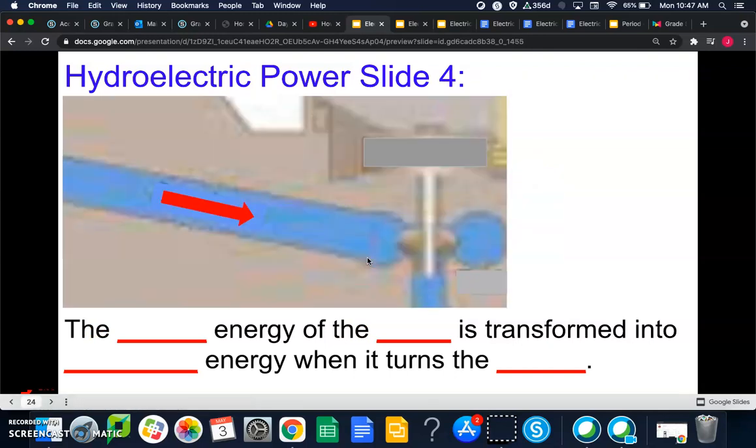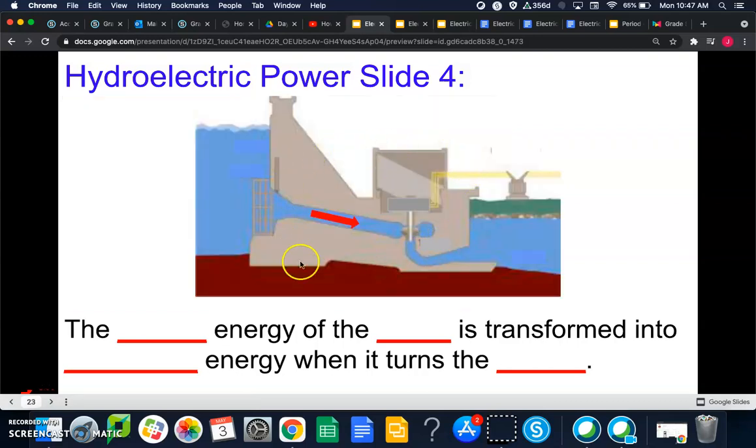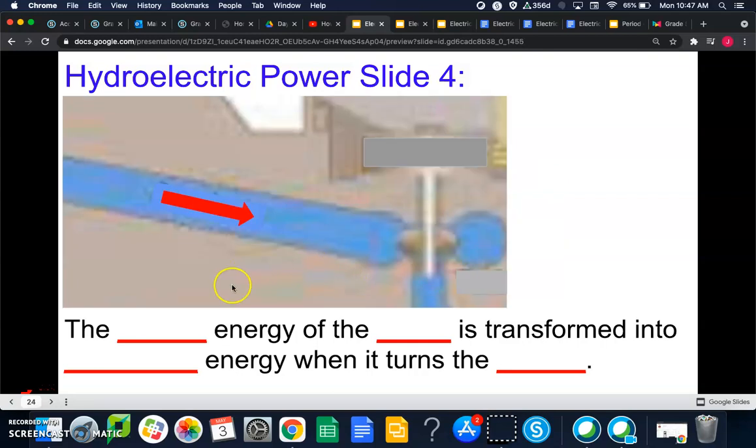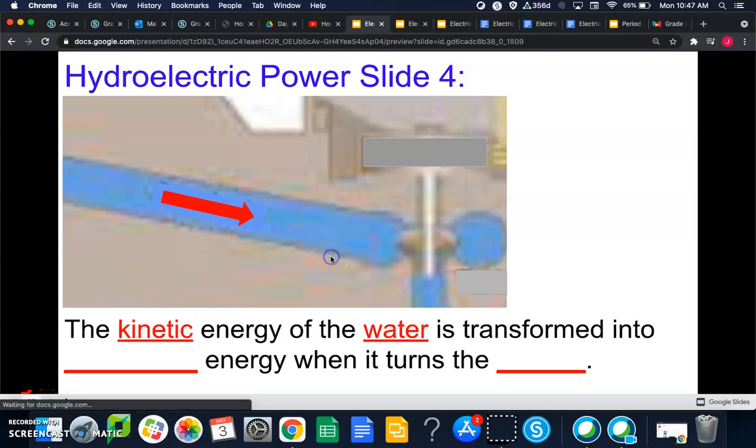All right, and so for this slide, we're going to zoom in on this middle portion of the dam, where the water is moving into the dam. And so we can see the water's moving down the dam. The kinetic energy of the water ends up transforming inside the dam, and the way it does that is through this turbine here.